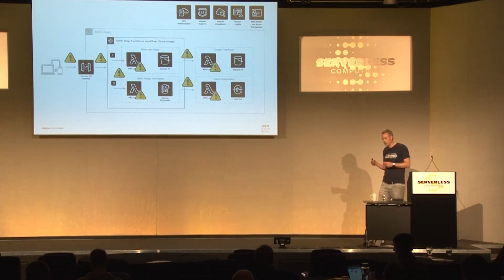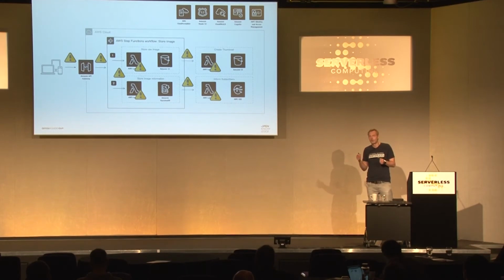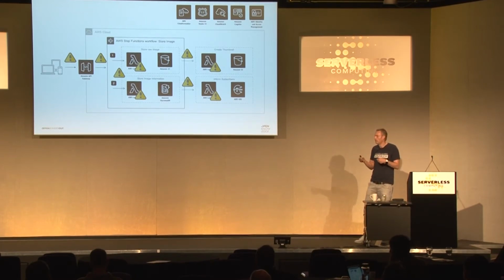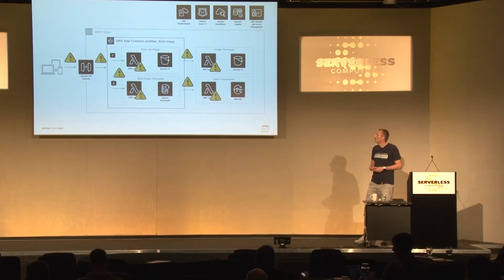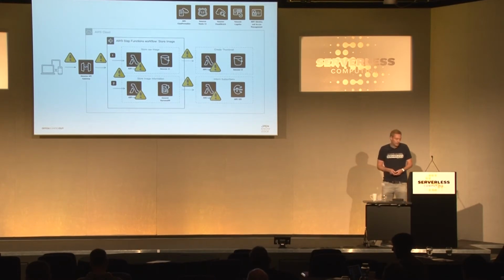Maybe each function itself behaves as expected, and each function itself does not run into a timeout, but if I couple several of them in a row, which is very common, first we call one Lambda, then it sends an event, this triggers another Lambda, and so on, and the last one sends a result. The coupling or the chaining of the Lambdas could bring us into problems. And we also have to make sure that this will not happen.